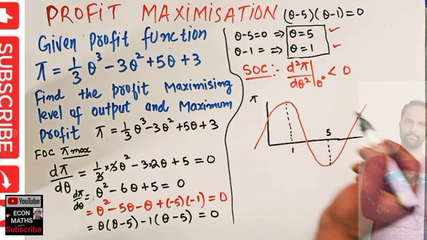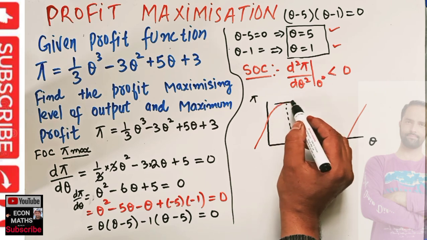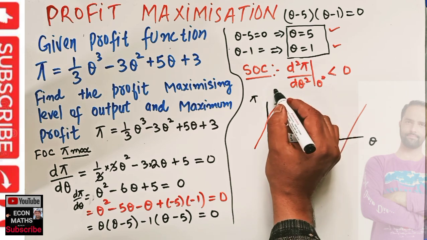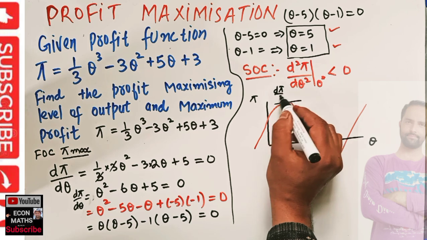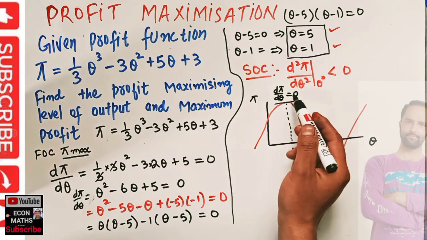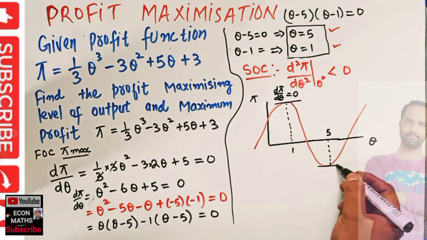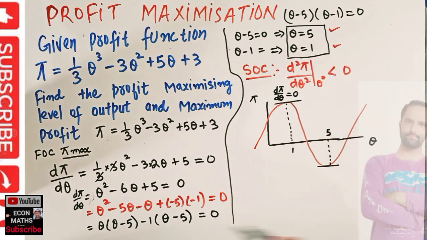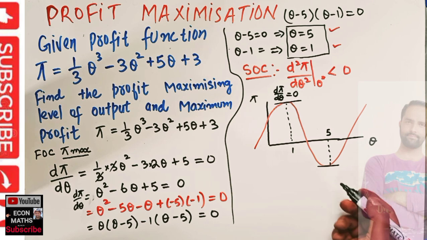That means we have marginal profit equal to 0 at two points, where d pi upon dq is equal to 0. This is our first order condition, and it is being satisfied at both because we got two values for the marginal profit.